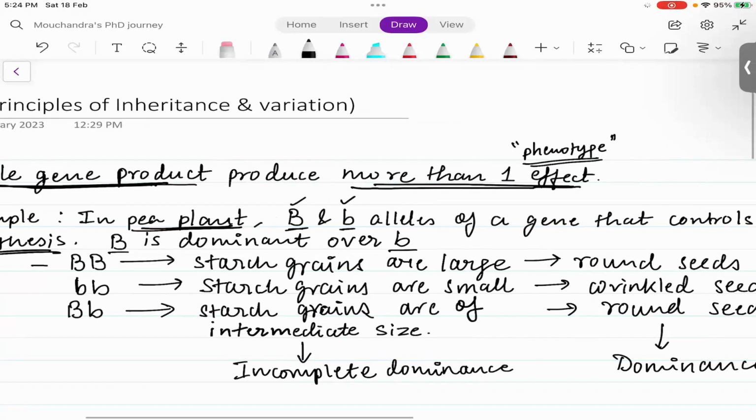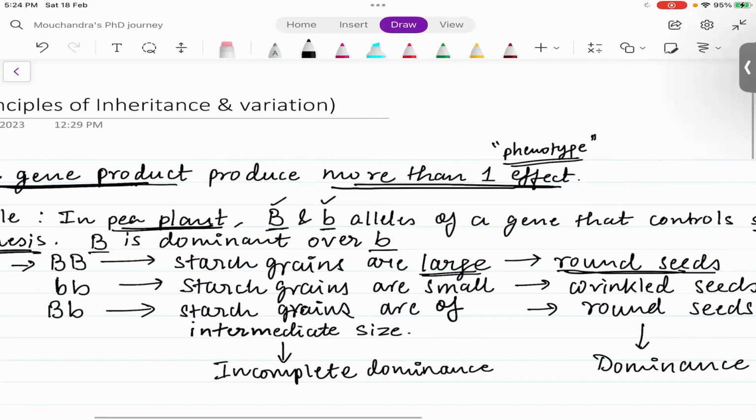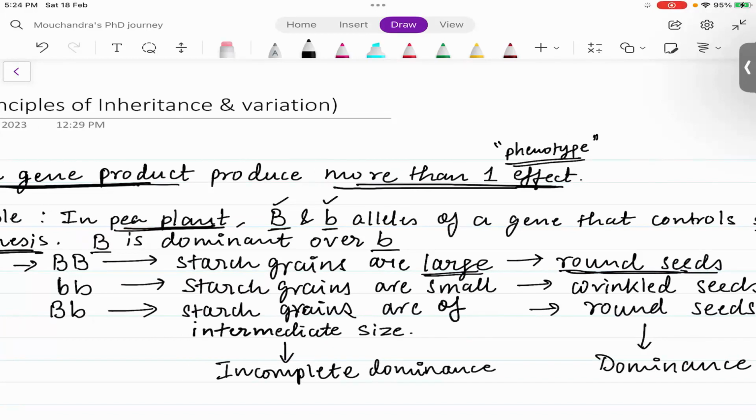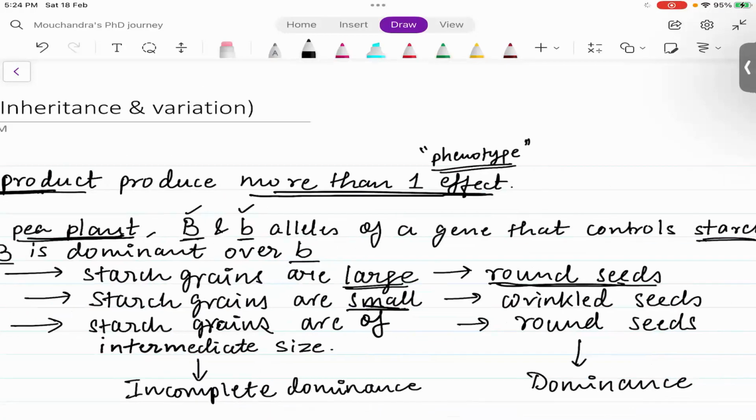So when it is homozygous for capital B, then the starch synthesis will be there, and the starch grains are large, and it also gives rise to round shaped seeds. Whereas for the homozygous condition of the small b allele, the starch grains are small, and it also affects the seed shape, which is wrinkled.